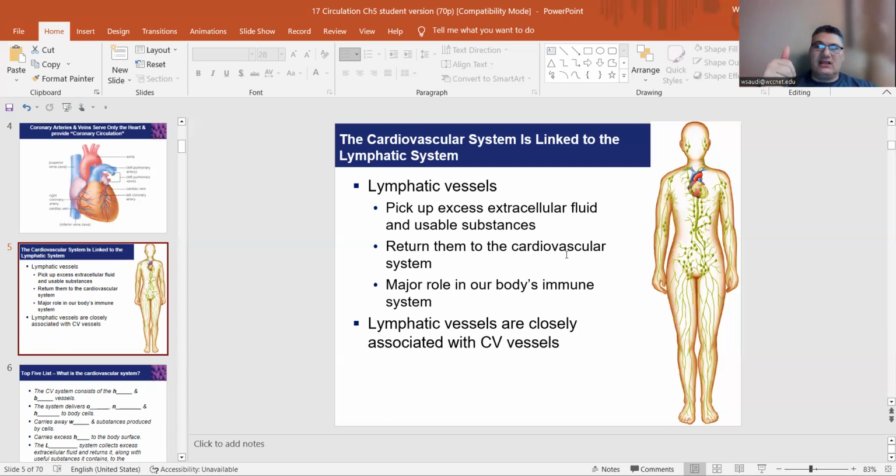What is that reason? Cleaning it, killing the pathogens, getting rid of the toxins, getting rid of anything that's bad. This will happen. So every time you do this, part of it will go through the lymphatic system to be cleaned.